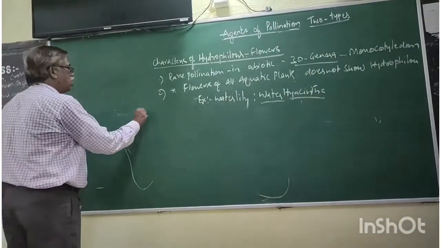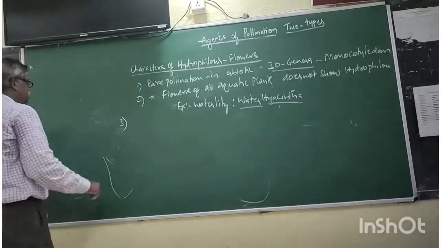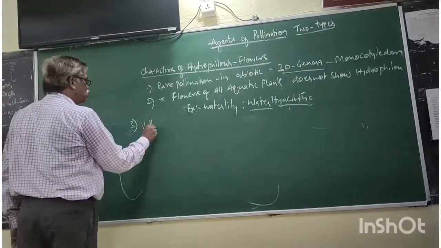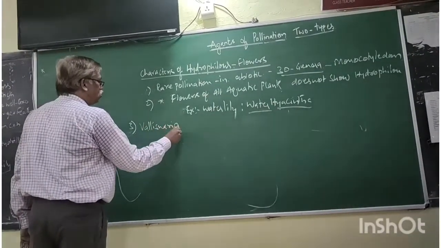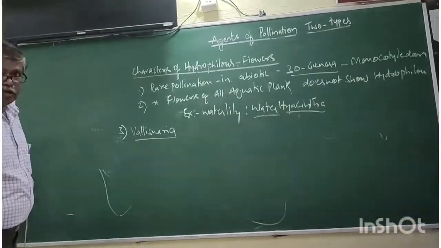Now go to another character. Vallisneria. It is one aquatic plant name.